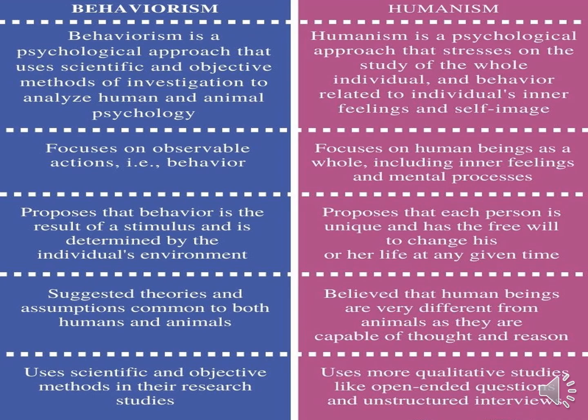Take note that the word behavior relates to individuals' inner feelings and self-image. In the second, the focus is on observable actions, for example, behavior. In humanism, there are included inner feelings and mental processes.